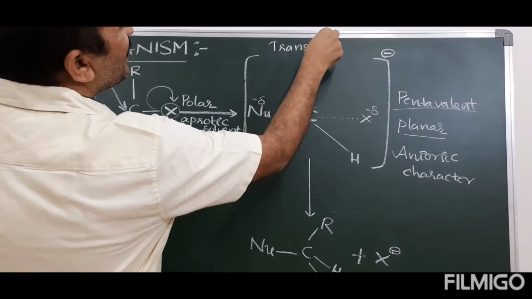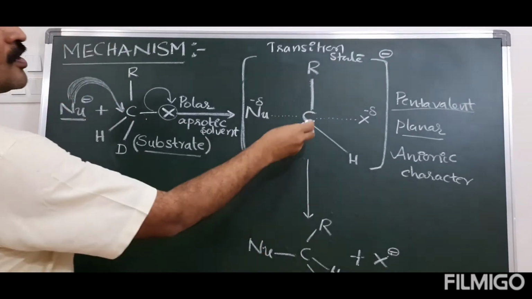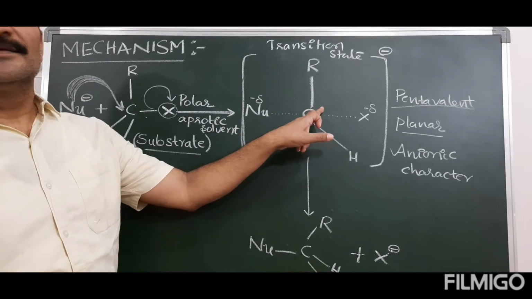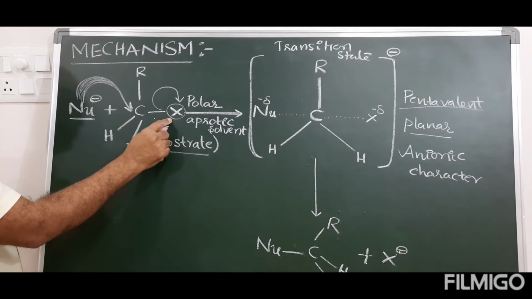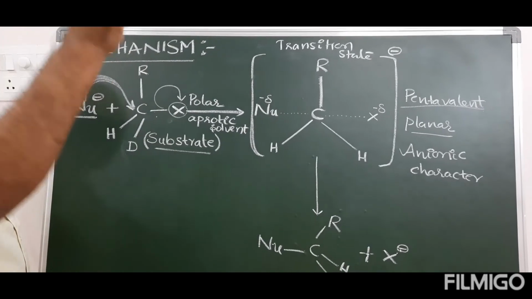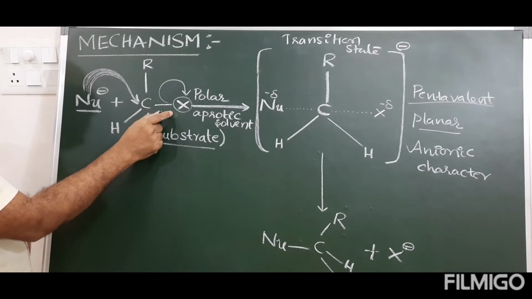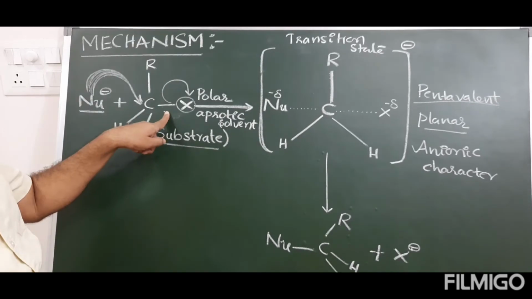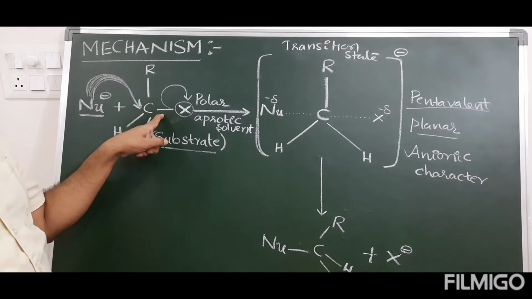In this transition state, carbon is pentavalent. How is carbon pentavalent? Very simple, student. Here there is a sigma bond. From the knowledge of molecular orbital theory, if this sigma bond is there, its anti-bonding sigma orbital is empty.